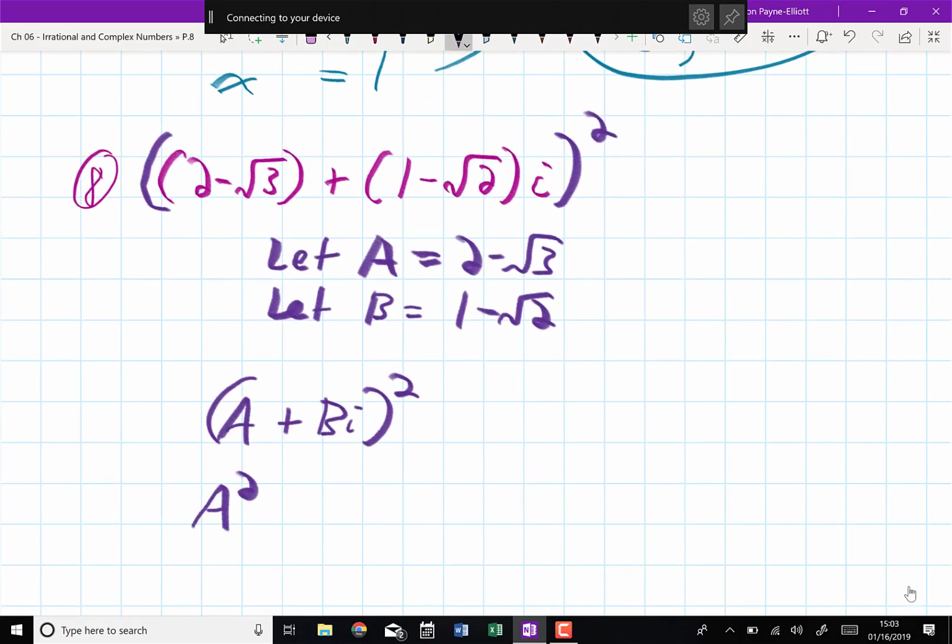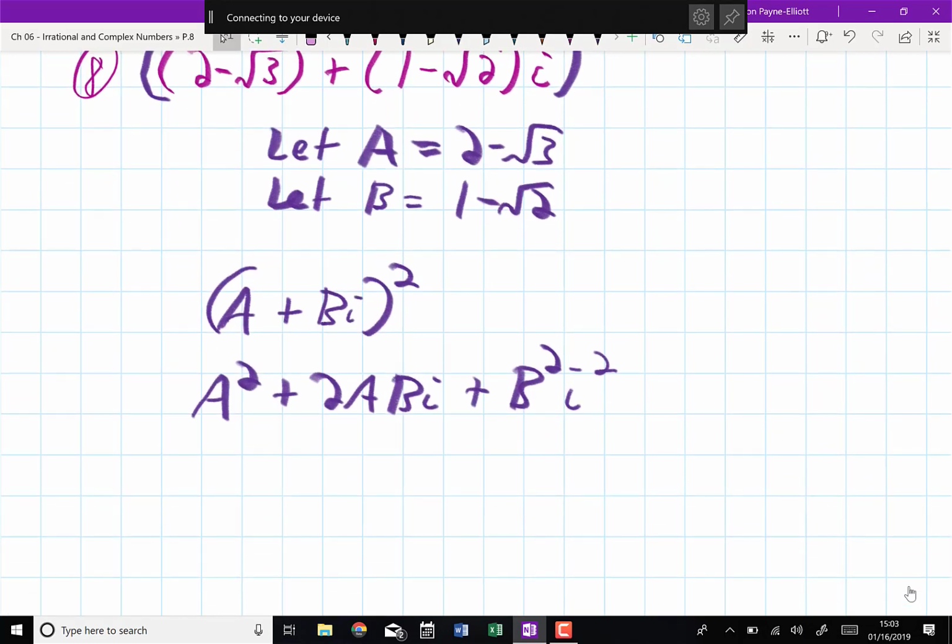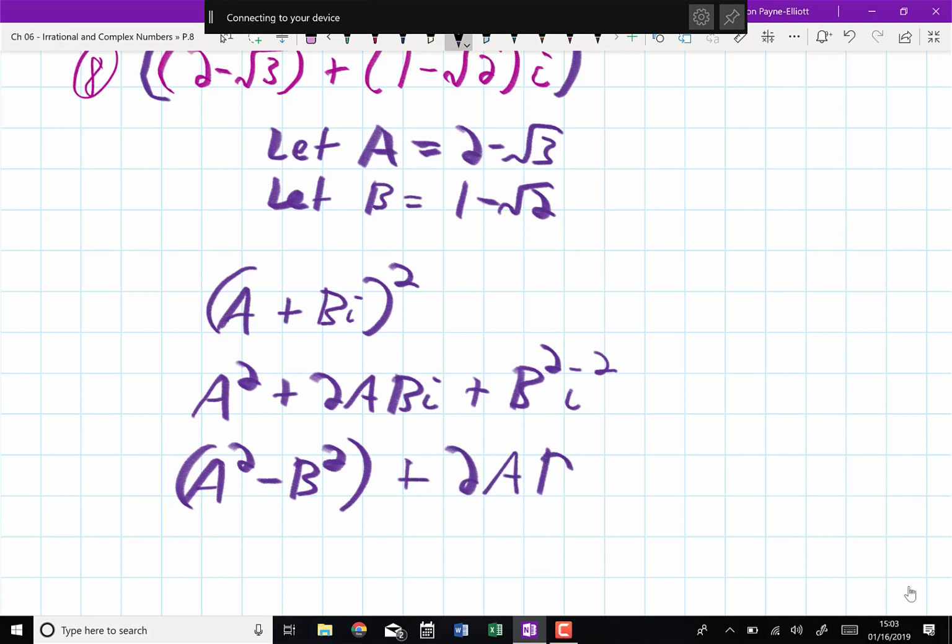This would be a squared plus 2abi plus b squared i squared, which is the same as, well, what's b squared i squared? So I have a squared minus b squared plus 2abi.